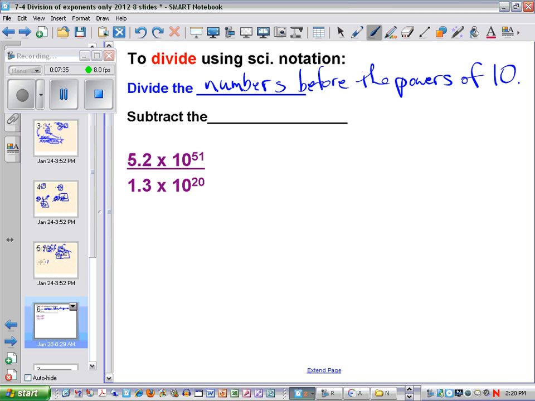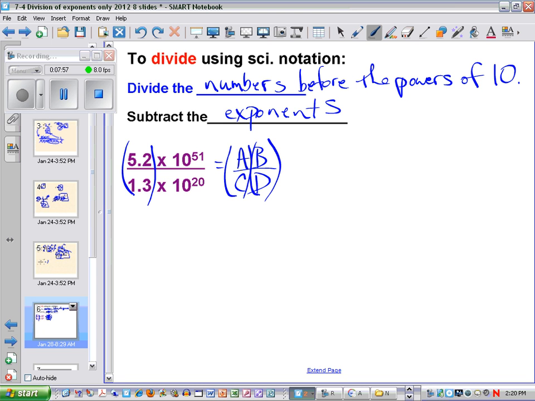Then we're going to subtract the exponents. So for instance, we really have right here something times something over something times something, the product of two different variables. So we could group them. Okay, so we're going to group these, and we're going to group these.